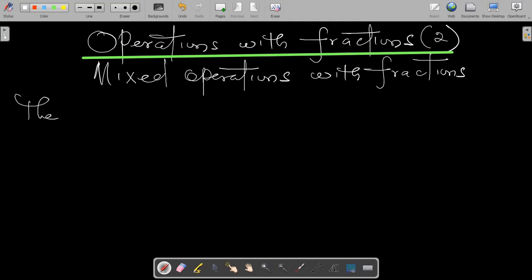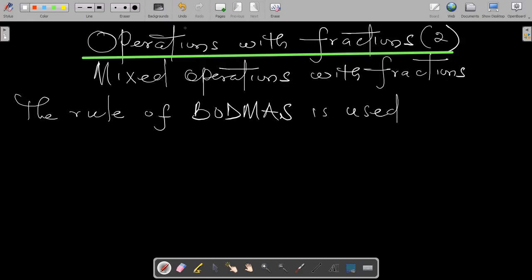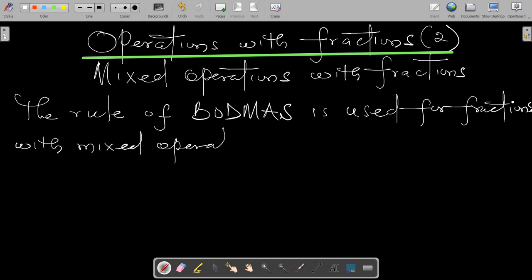The rule of BODMAS is used for fractions with mixed operations. Now let me explain the meaning of this acronym BODMAS.